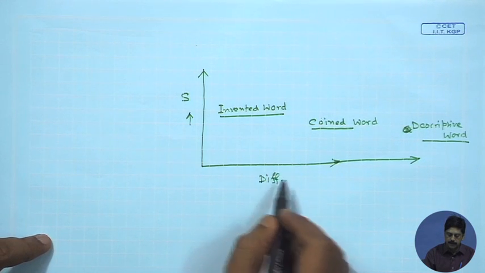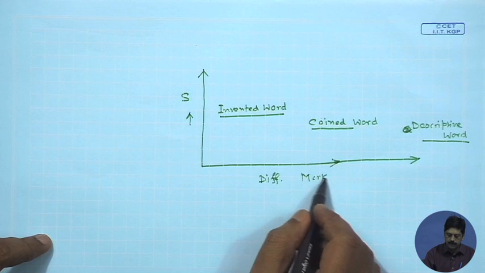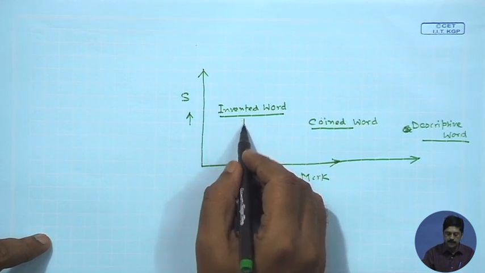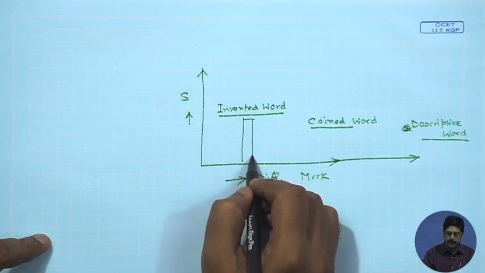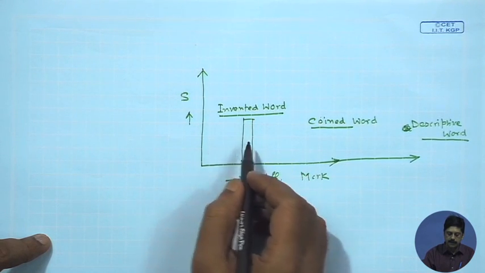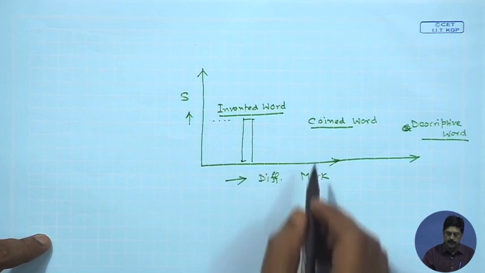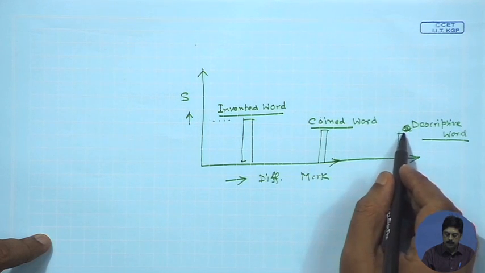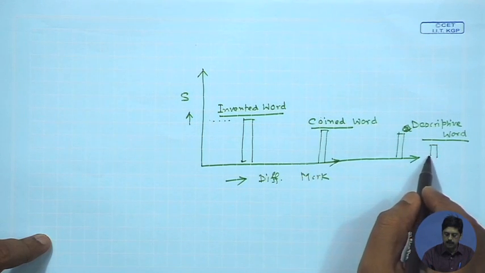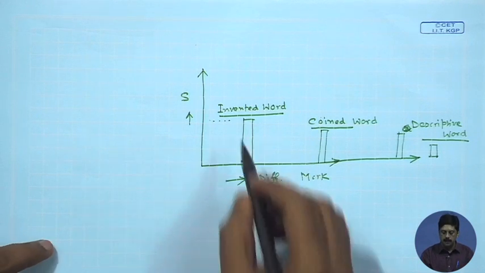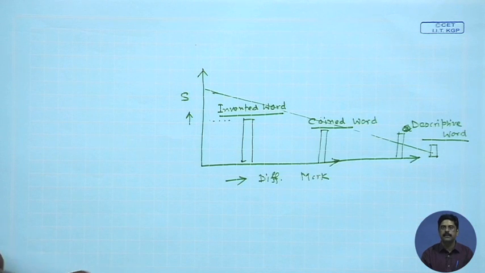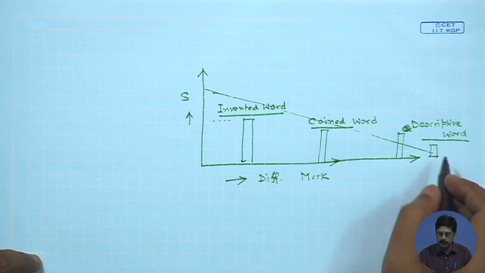Considering market penetration, they suggested that an invented word has higher strength compared to a coined word, then a descriptive word, then comes the generic word. If I make a gradient this way, the strength decreases as the word tends toward a descriptive word, and this is the generic word.